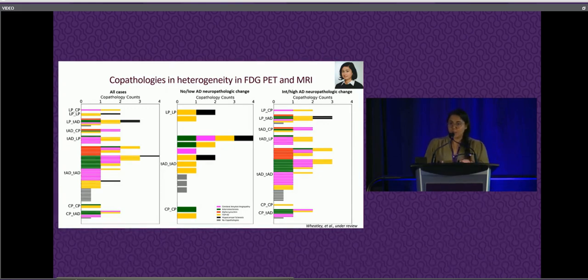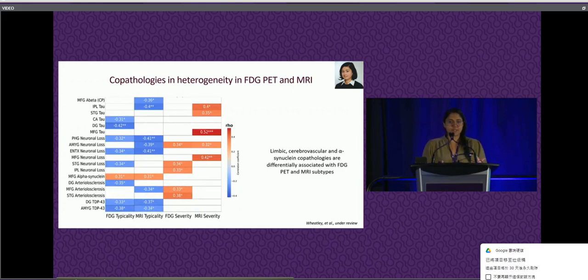For no or low AD neuropathologic change, we see that there is no disagreement between FDG PET and MRI subtypes. However, for intermediate or high AD neuropathologic change is where we see that FDG and MRI subtypes disagree, which may indicate that we need the interaction of AD pathology with co-pathologies to induce this type of discordance in neurodegenerative subtypes.